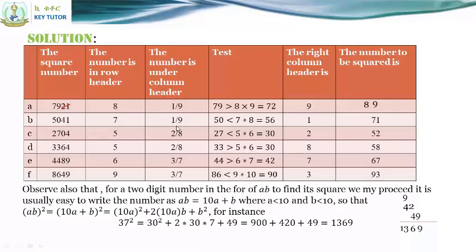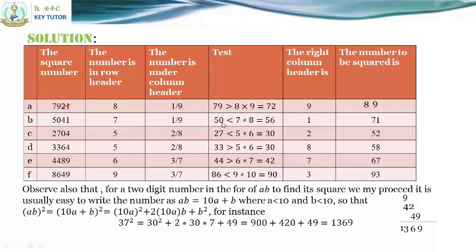To determine which, we compare with 7 times 8. What is 7? The row that 50 exists in, and 8 is row plus 1.